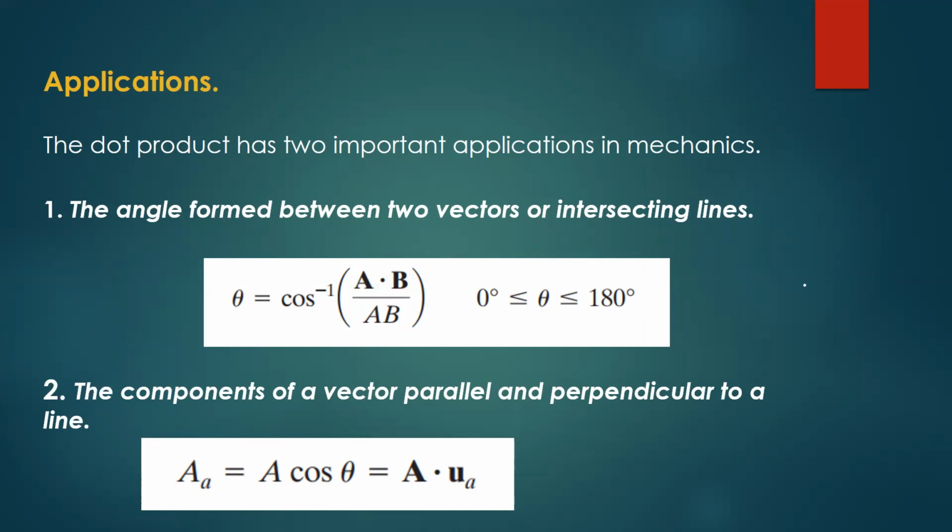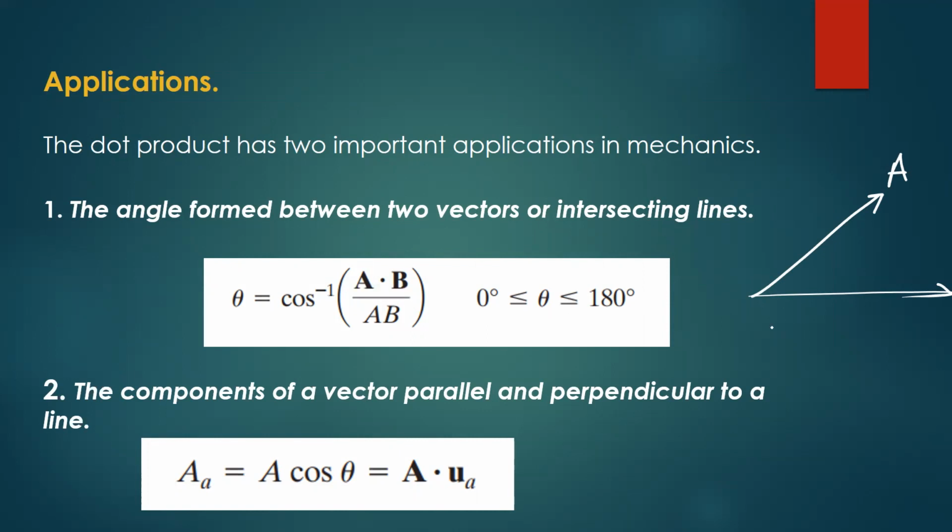So what that means is that you can have, let's say, a vector A. You can have a vector A, then you want this vector to be projected along this axis.